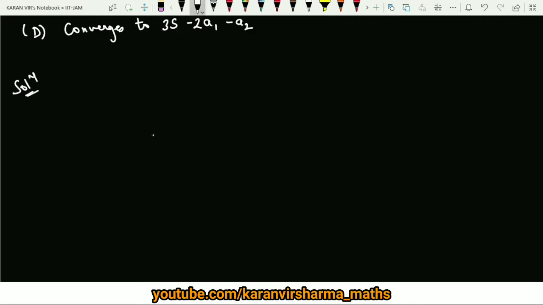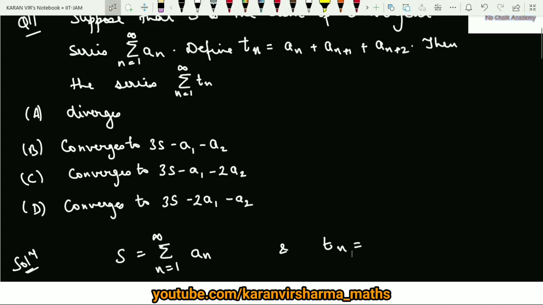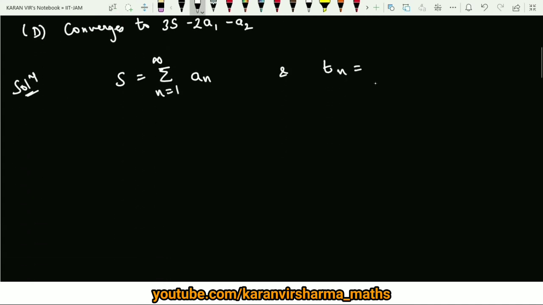So basically S is the summation n running from 1 to infinity a_n, and T_n is defined as, just look above, a_{n+1} plus a_{n+2}. So let me write it here. So T_n is equal to a_{n+1} plus a_{n+2}, and we are asked whether the summation n running from 1 to infinity T_n is convergent or divergent.